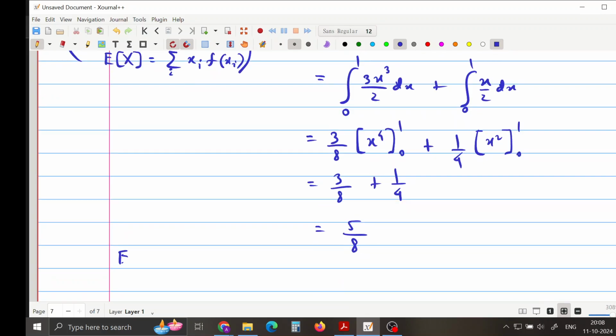What about expectation of y? Similarly, you just integrate this quantity here.